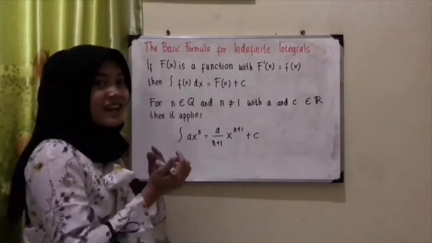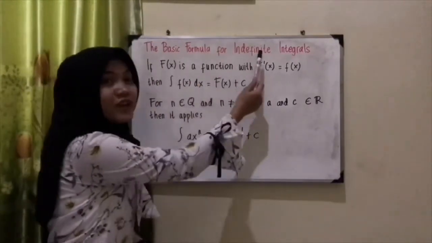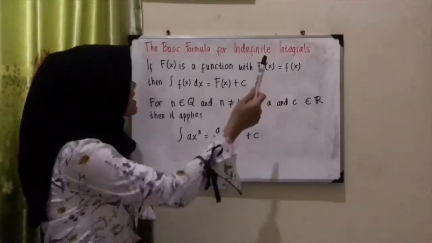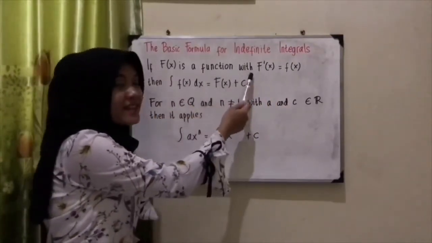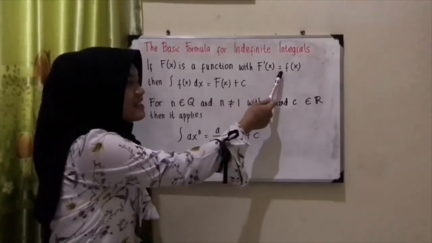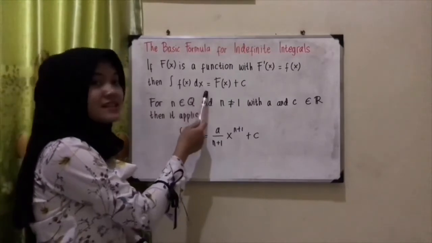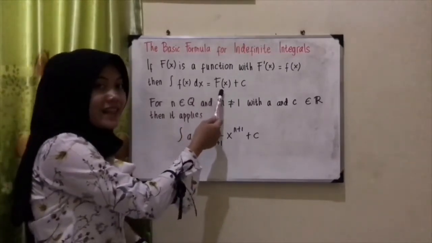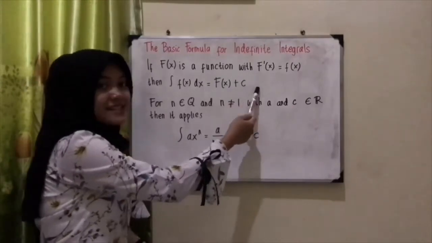For more details, we must understand the basic formula for indefinite integrals. If F(x) is a function with F'(x) equal to f(x), then the integral of f(x) dx is equal to F(x) plus c, where c is any constant.